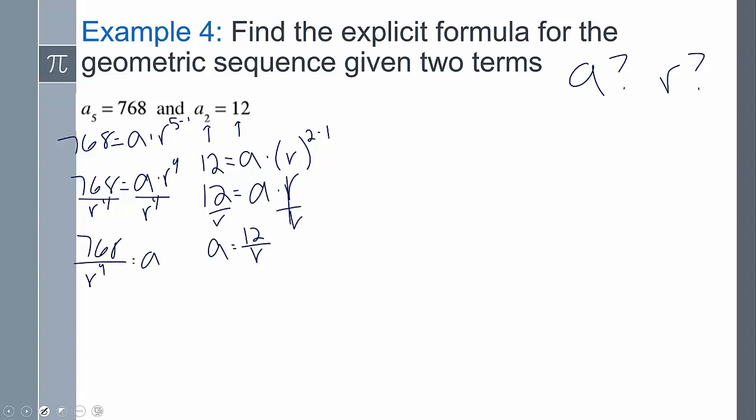Now that they're both a, I can set them equal to each other. So I'm going to get 12 over r equals 768 over r to the 4th.